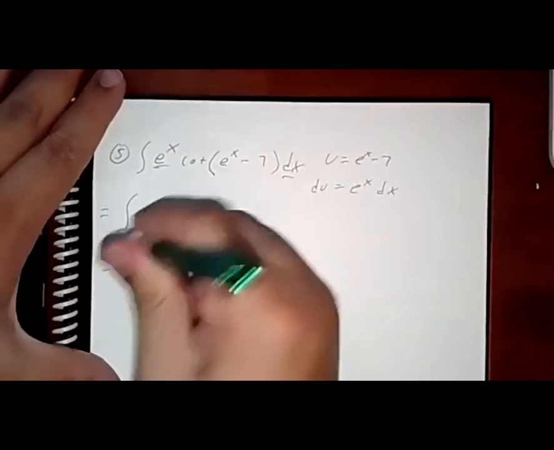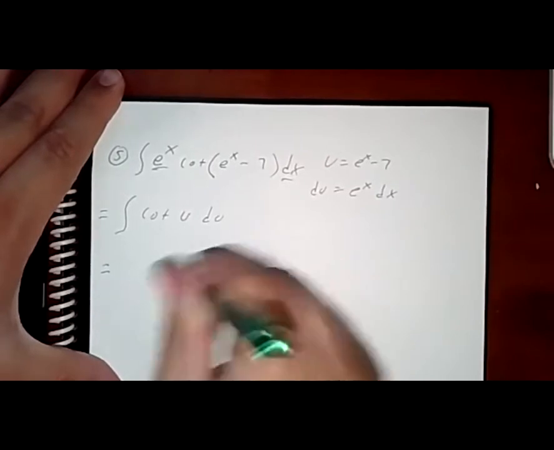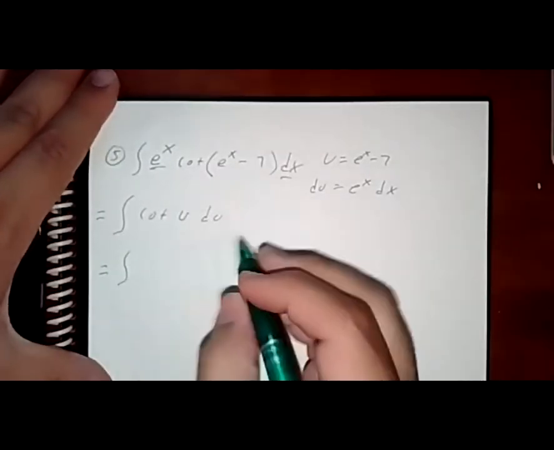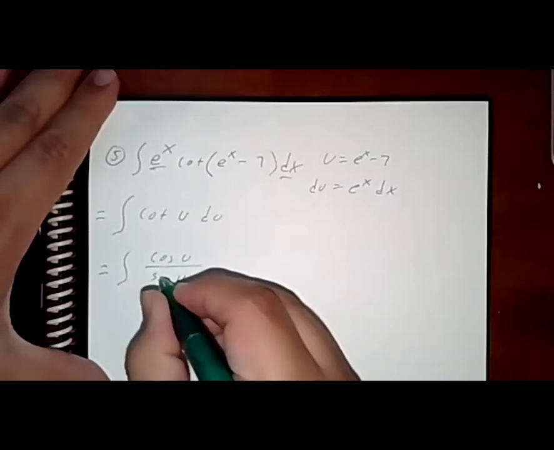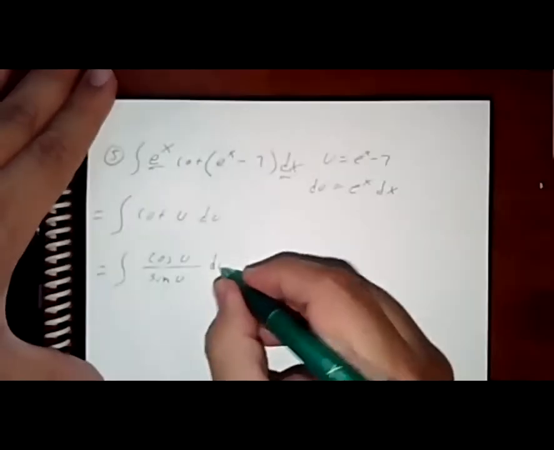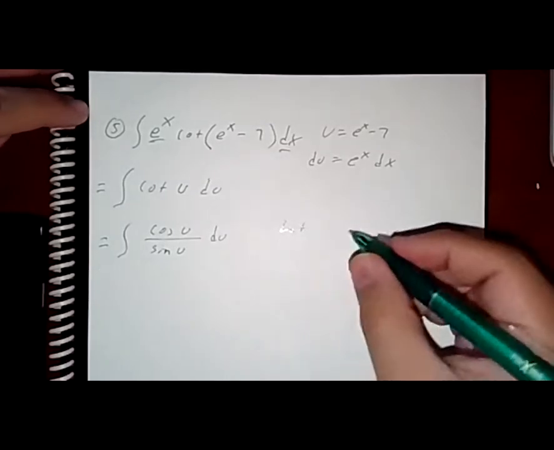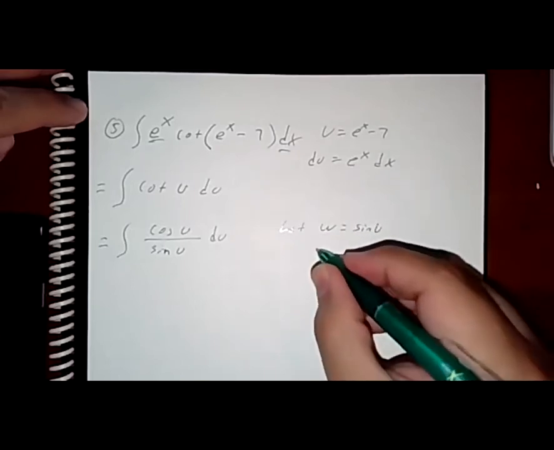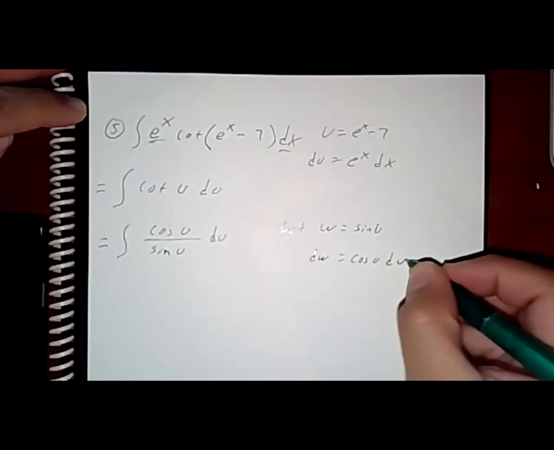Guess I should show you how to do it, now that I think about it. This chapter is trying to show you how to create them. So you guys agree that cotangent is cosine u over sine u, right? So let w equal sine u. dw will be cosine u du.